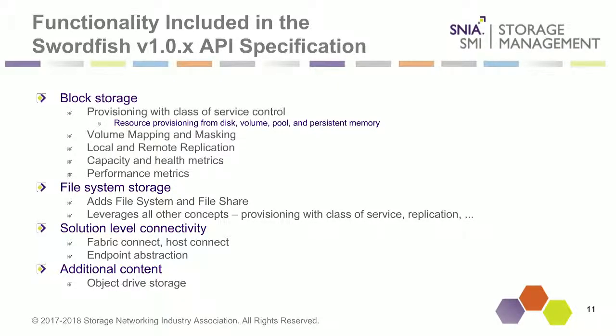In particular, doesn't need to understand any vendor vagaries that there might be about accessing this storage, but simply goes out there and can use Swordfish to gather enough information to make that connection to the storage. So if you're thinking in terms, by the way, of the data flow here, this data is, if you like, the management layer, and the endpoint abstraction is the data layer, the data transport layer.